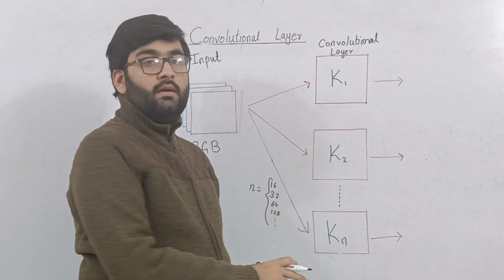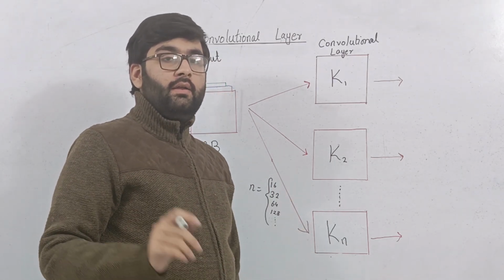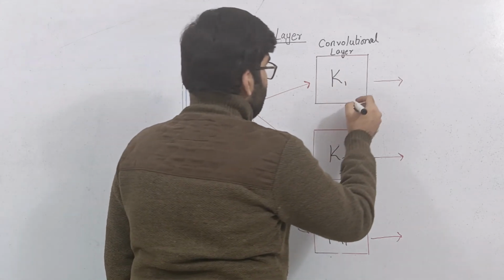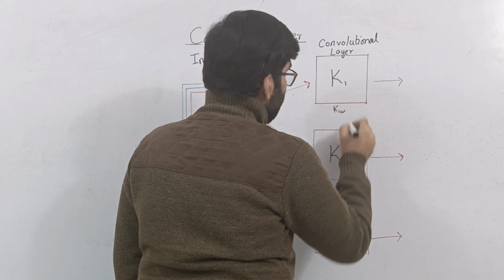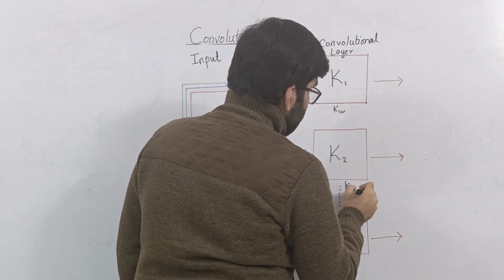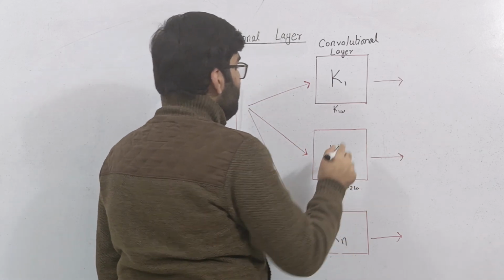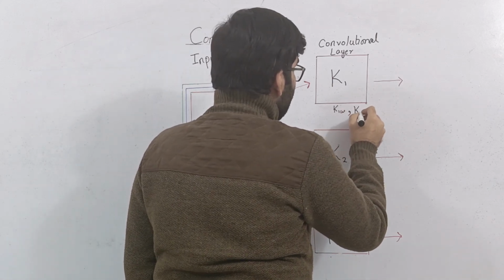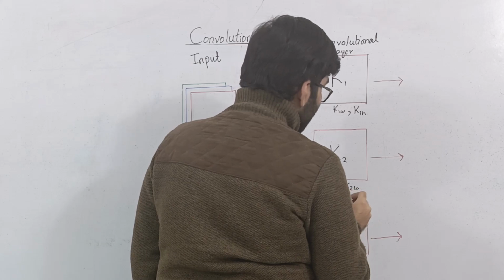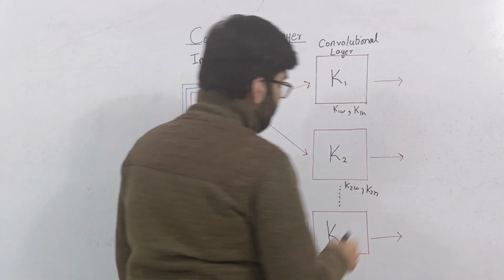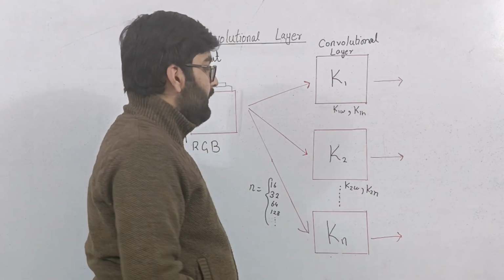The width and the height is the same at each kernel. That is, width of k1, width of k2, both are the same. Similarly, the height of k1 and height of k2 are both the same, and so on up to the nth kernel.